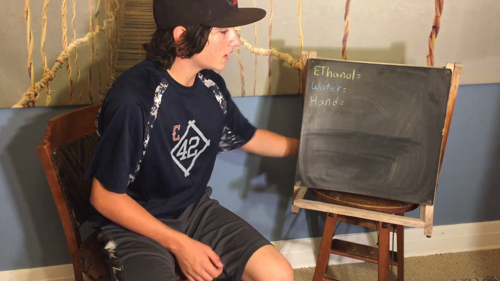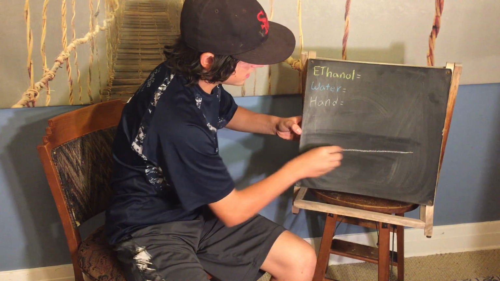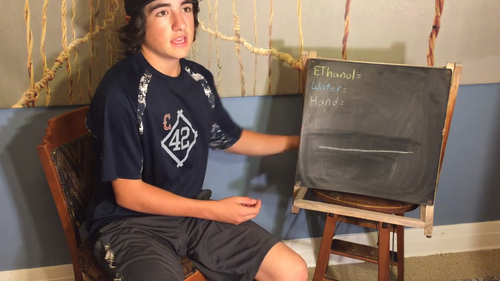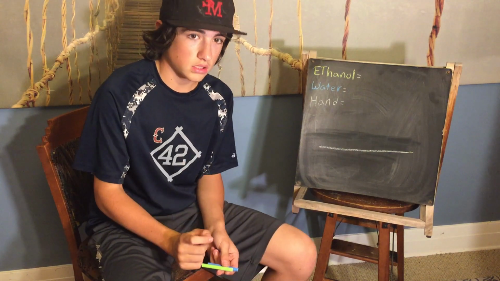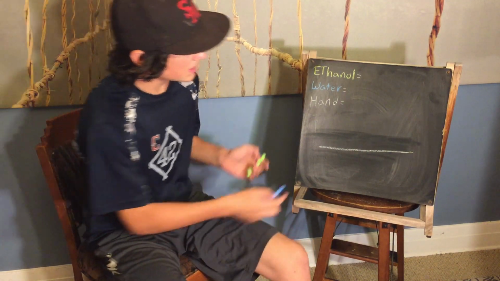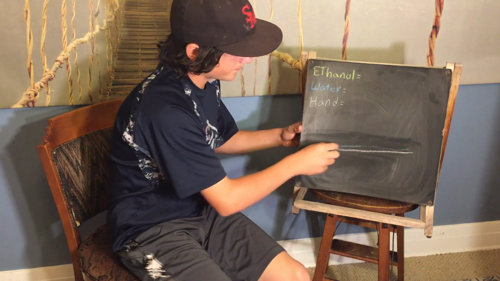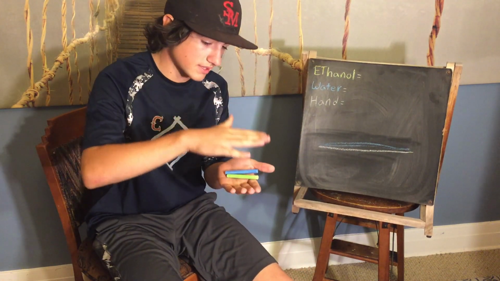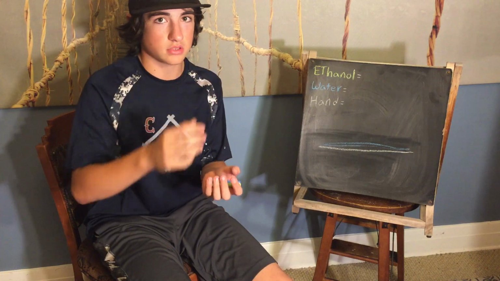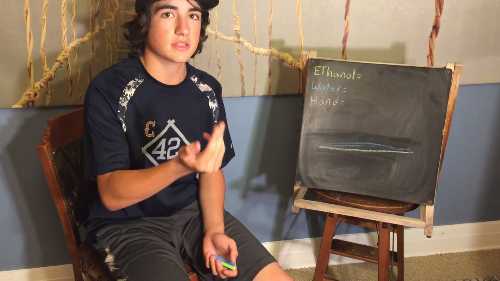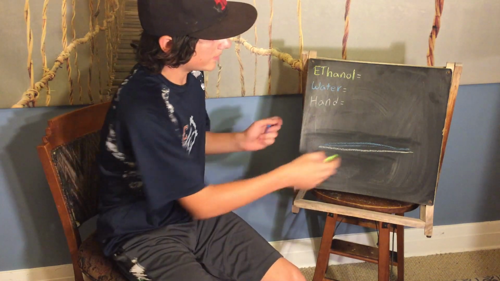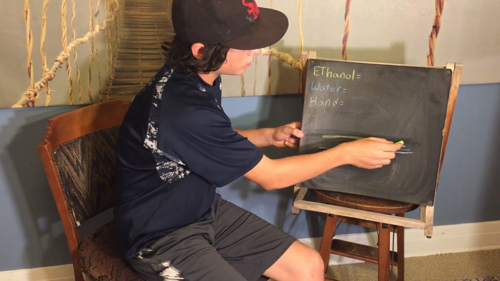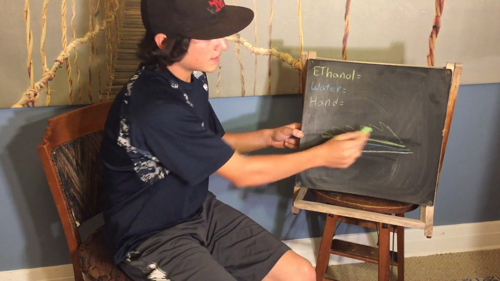So, for example, let's say this white line is my hand. When you burn hand sanitizer, it burns the ethanol, not the water. So what protects your hand is the water. When you pick up hand sanitizer, the water is pressed down by the ethanol as it burns, because all the ethanol is raised up to the top, so it gets burned. That is this green line right here. So the green line is burned, and that's the ethanol.